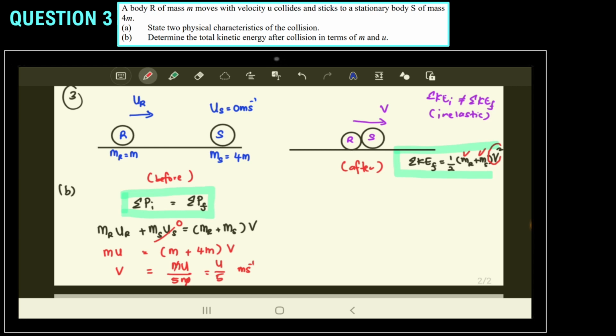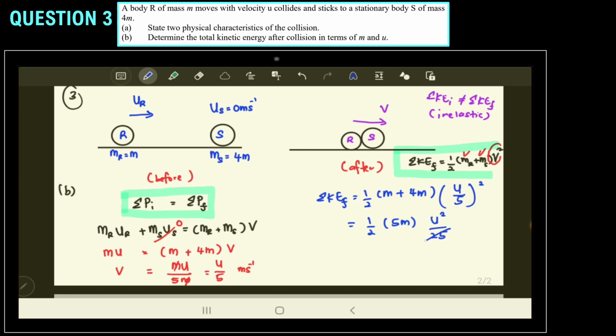So now we can calculate the total kinetic energy. Final is equal to half times m_r, which is m, plus m_s, which is 4m, and v squared is u over 5 squared. It is equal to 1 over 2 times 5m times u squared over 25.